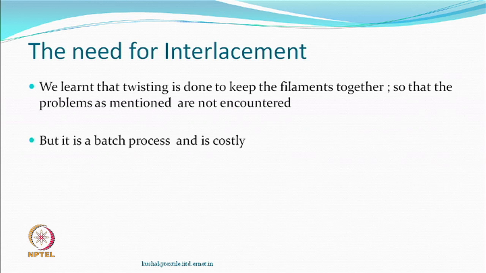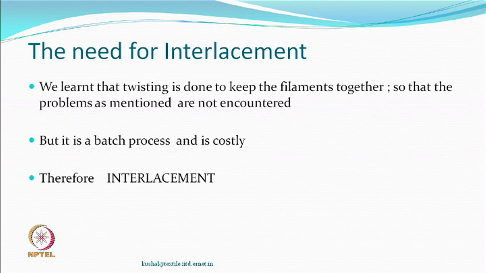But twisting, as we know, is a batch process. So whatever material in whichever type of package you have, you have to take through a twister and make another package. And this is a costly process, a batch process, a costly process. But if there is no alternative, then you do it.